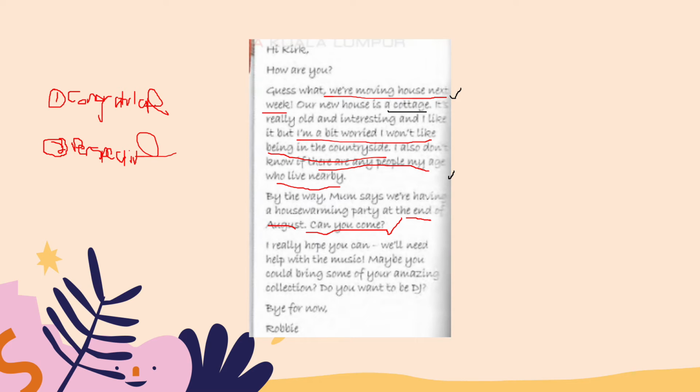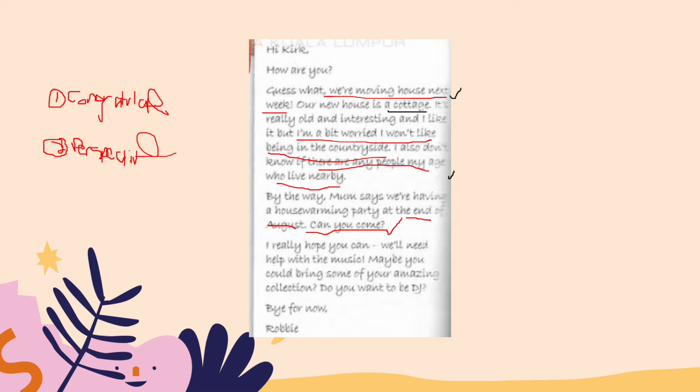However, you can counter by providing a second option, where you can say, I am not available at the end of August, but I would love to visit you someday. That will be your perfect answer for responding to the request.